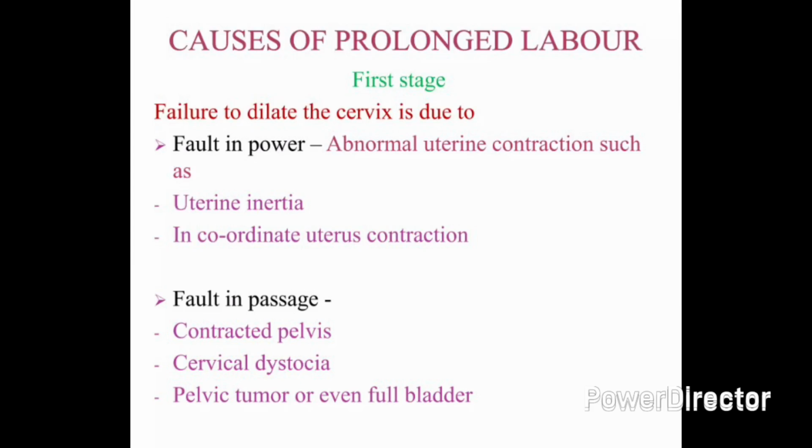First, fault in power means the mother is not able to bear down because of abnormal uterine contractions such as uterine inertia or incoordinate uterine contractions. Next, fault in passage means there may be some problem of the passage, such as contracted pelvis, cervical dystocia, pelvic tumor, or even a full bladder.